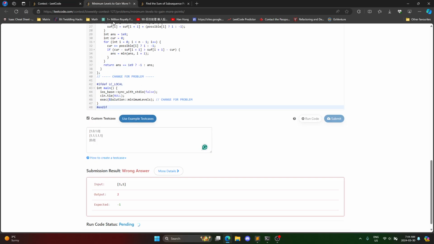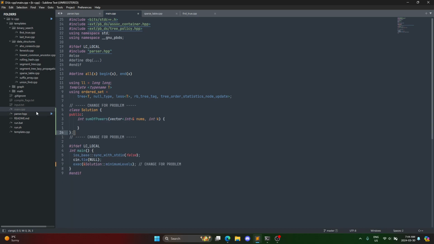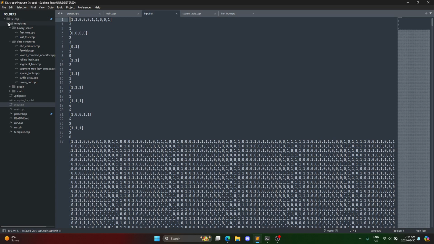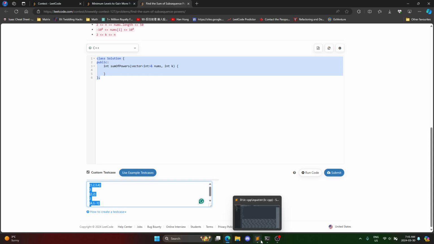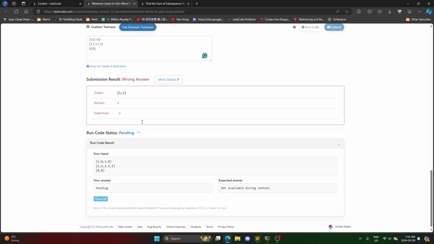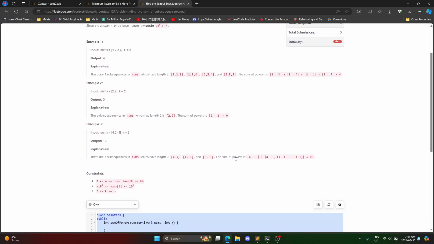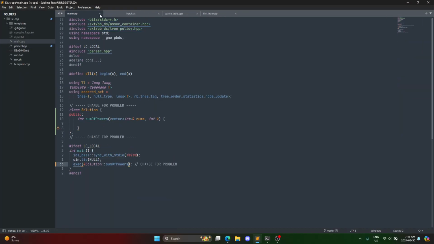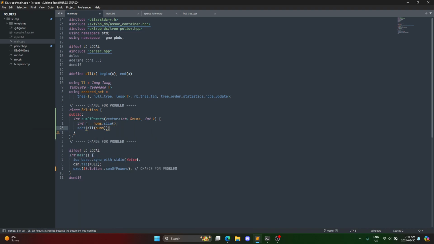So I'm gonna do this in the editor. Why is the website so gosh dang slow? So int n is nums.size. Let's sort nums.